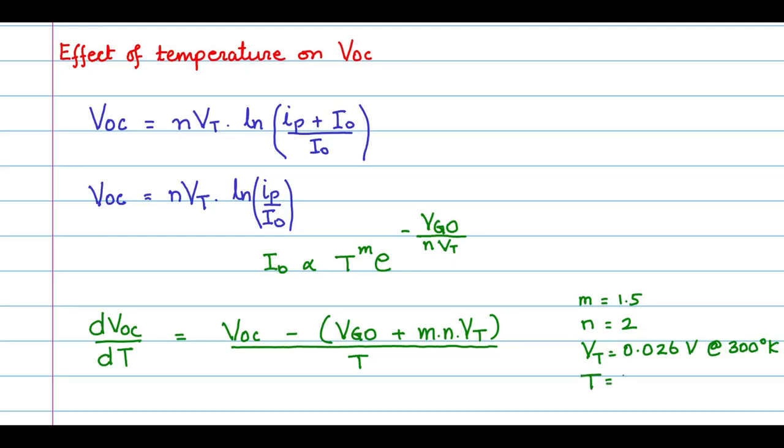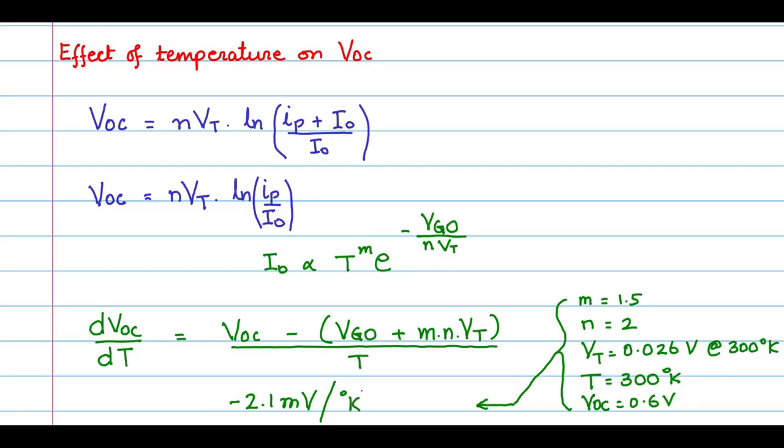That is, if we take temperature as 300 degree Kelvin, and VOC as 0.6 volts for a cell cut-in voltage, and you apply all these to the above formula, you will get approximately minus 2.1 millivolt per degree Kelvin.